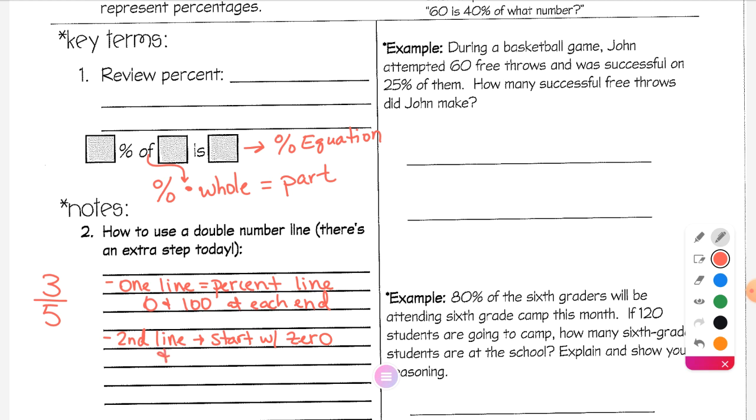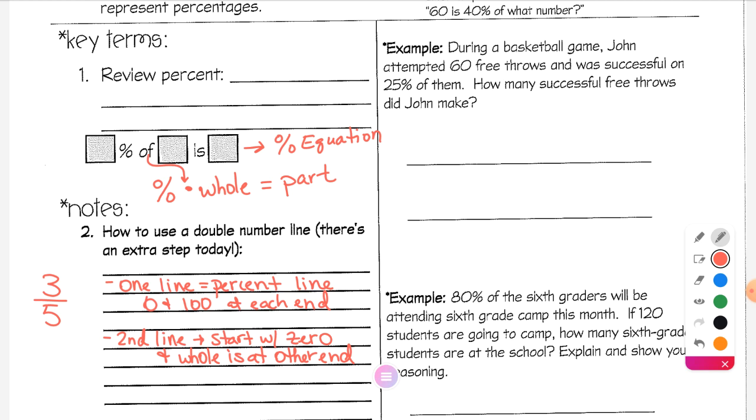And your whole is at the other end. Now, we're going to add to these as we start to work the next problem because it's hard to put into words. It's easier to show you. So we're going to go up and work this example as we're filling out these notes.